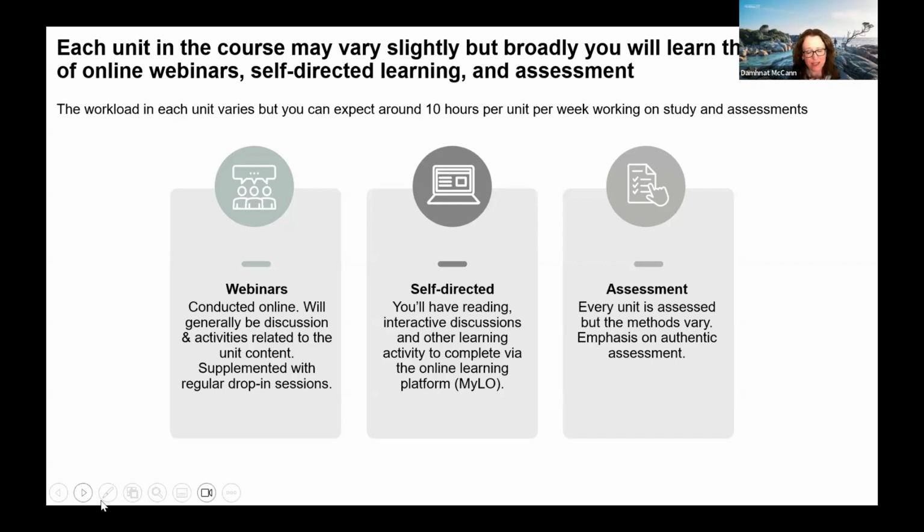There's a lot of self-directed learning. The platform we use is Milo, My Learning Online, and we provide the content through Milo. We have a strong emphasis on directing you towards key resources, which not only support your academic study, but which we also hope will be useful for you in your practice.